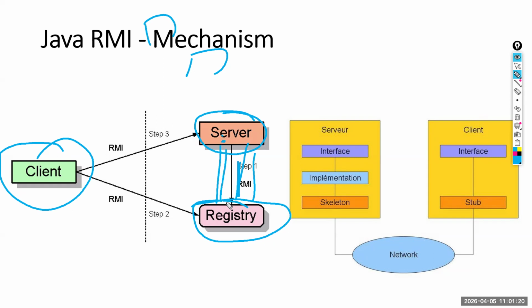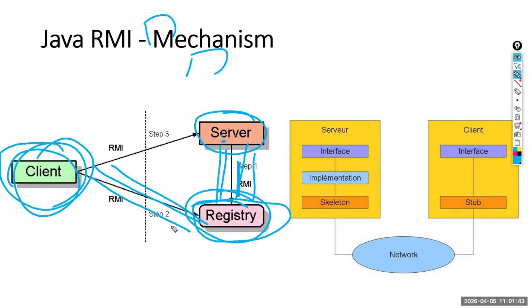Then clients can locate the possible remote methods by lookup from the Java RMI registry. Server publishes, client looks up.